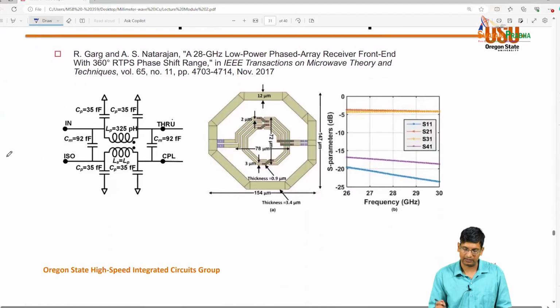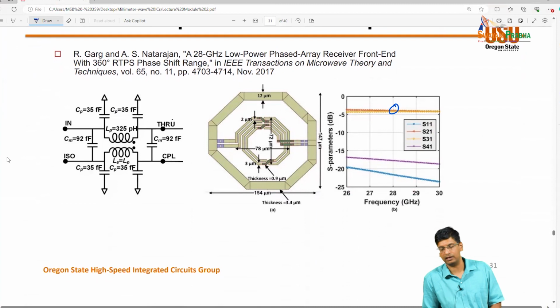But you can analyze this similar to how we analyze odd mode and even mode circuits for coupled lines. So just as an implementation example over here, you can see that this is at 28 gigahertz, and in 150 microns by 150 microns, you can build a quadrature coupler that gives you the 3 dB split, with 90-degree difference between the outputs.